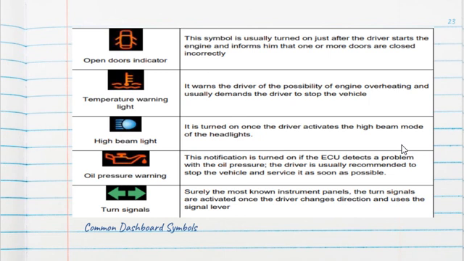Oil pressure warning is turned on if the ECU detects a problem with the oil pressure. And then turn signals, surely the best known instrument panel lights: the turn signals are activated once the driver changes direction and uses the signal lever.